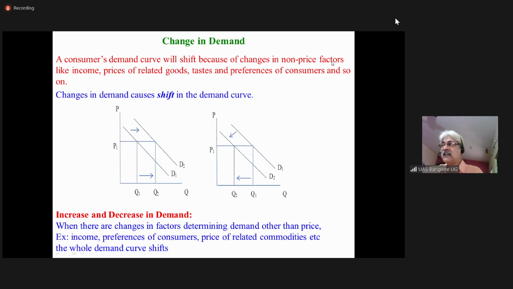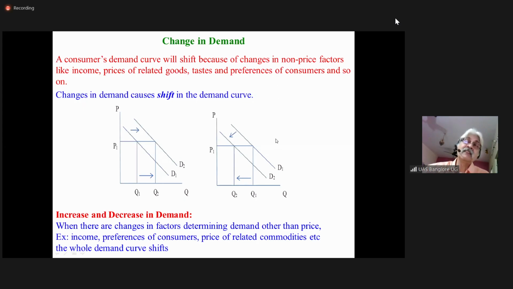Factors other than price of the commodity, like income, prices of related goods, tastes and preferences of consumers, and so on, they change. Because of that, there will be shift in the demand curve.